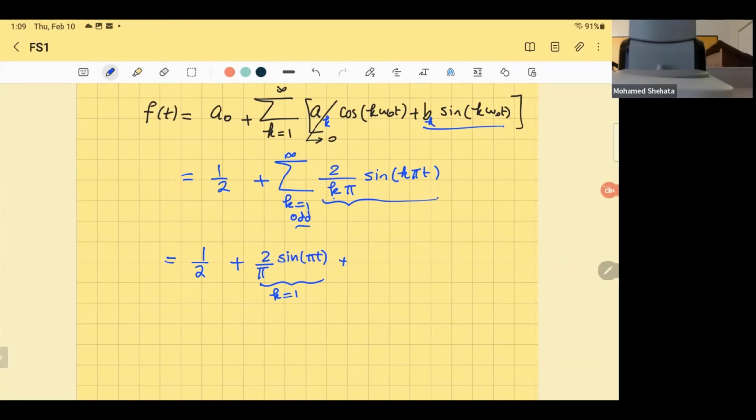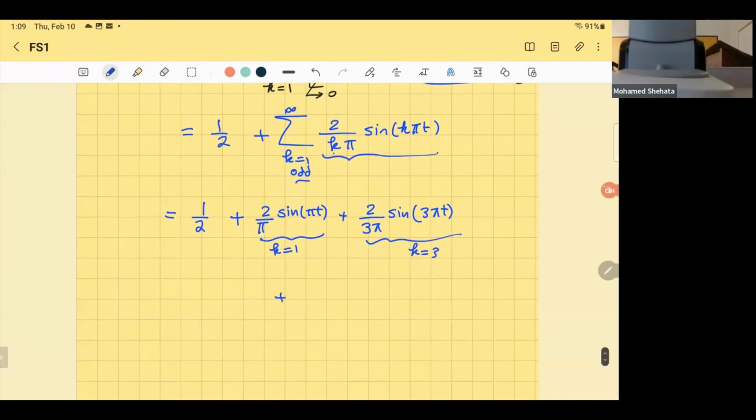So you have this value 2 over 3 pi sine 3 pi t. That's when k equal 3. When k equal 5, 2 over 5 pi sine 5 pi t.